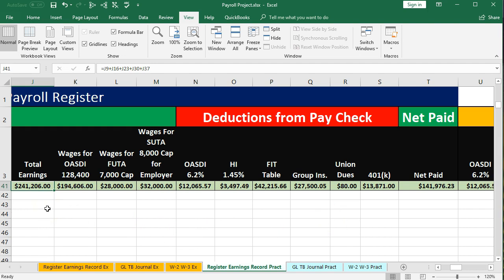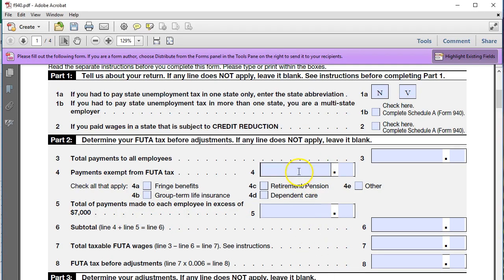So in other words, if we add up the 941s, it may not add up to the total earnings on the 940 if there are things like a retirement plan, or not group insurance, but a cafeteria plan. So we're going to go back to our form here, and we're looking for the 940. And we will enter that data up top. So that's going to be the 241,206.00.